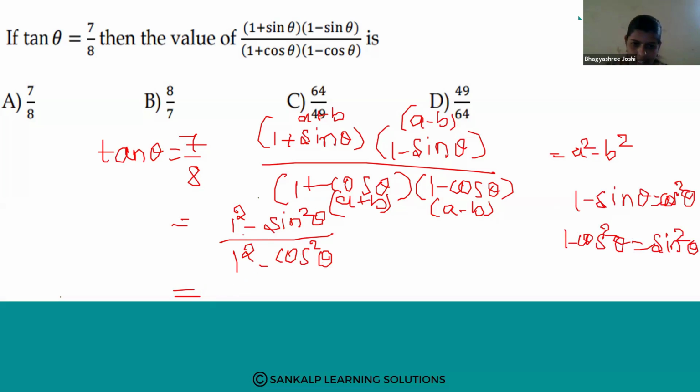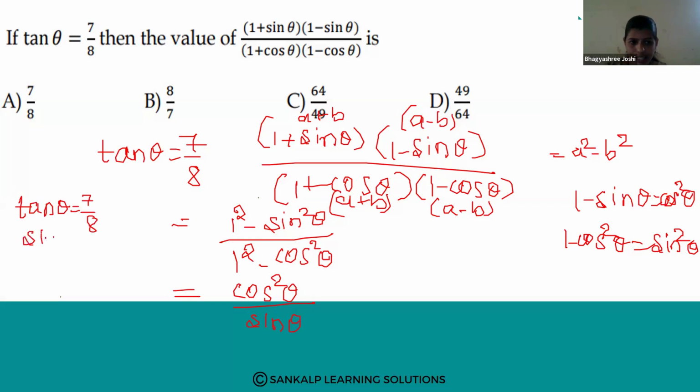So here I can write it as cos square theta divided by sine square theta. We know the value of tan theta, that is 7 divided by 8.